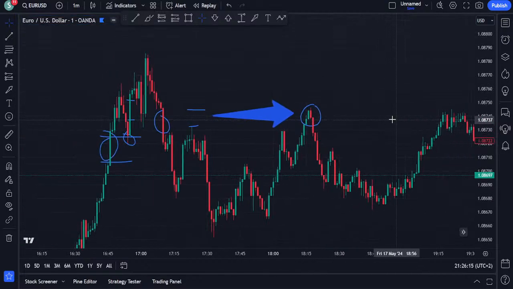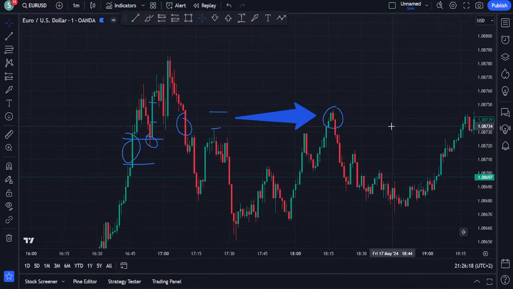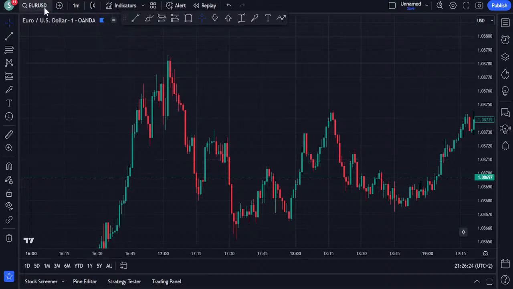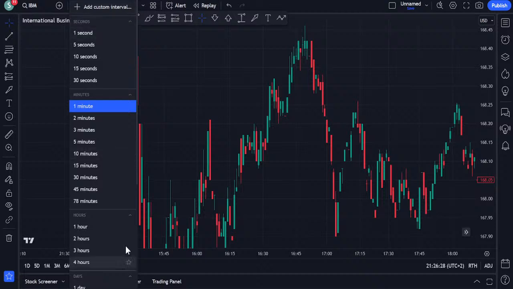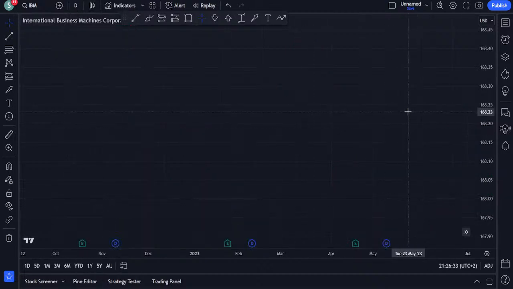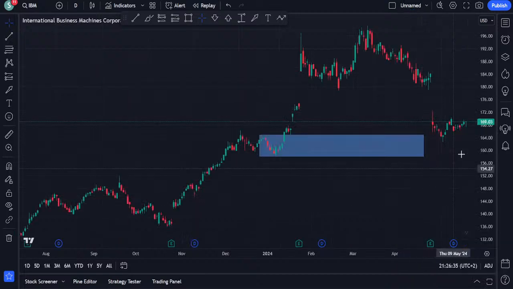Yeah, it really is so interesting the way it moves like this. Okay, I was looking at IBM actually for long on the daily, and yeah, could show you some nice signals or some nice trades I used this week, but I'm not going to do that.